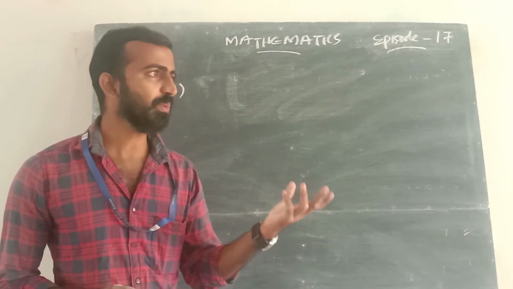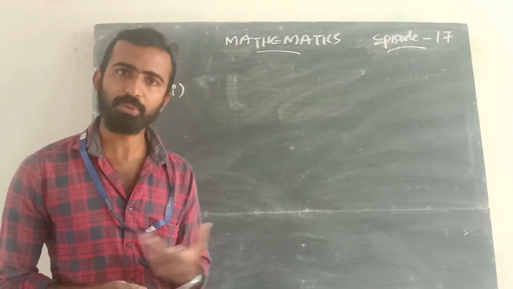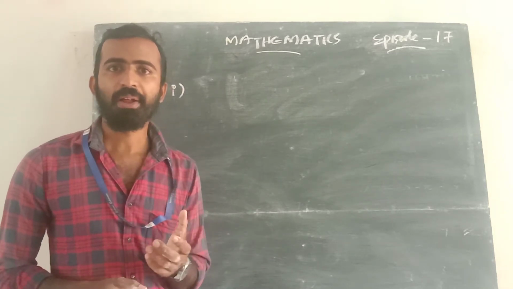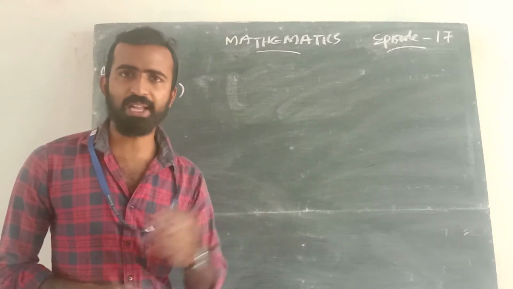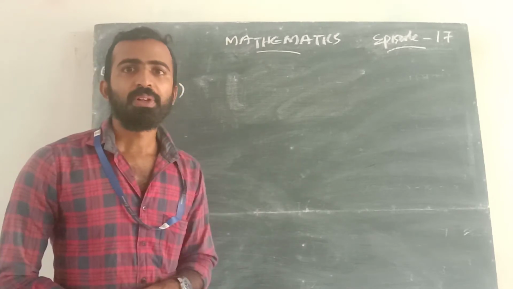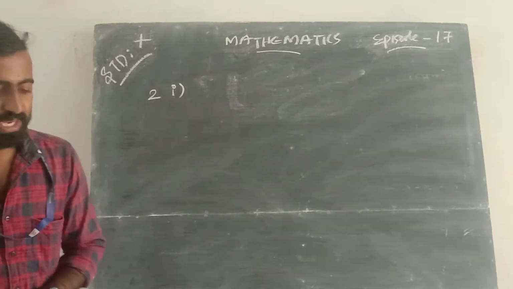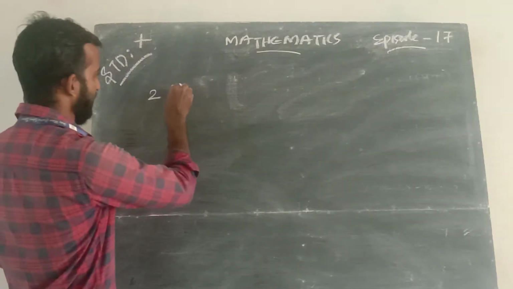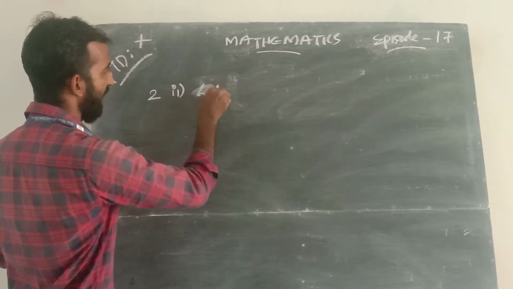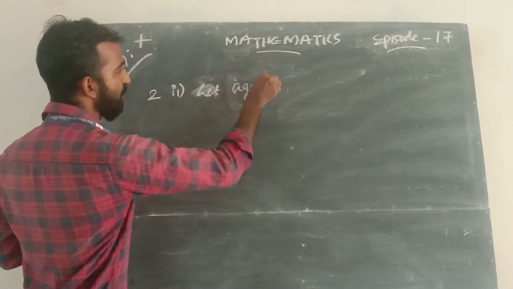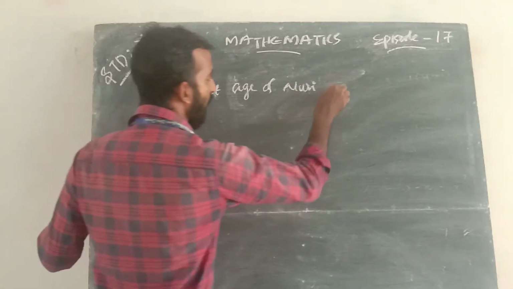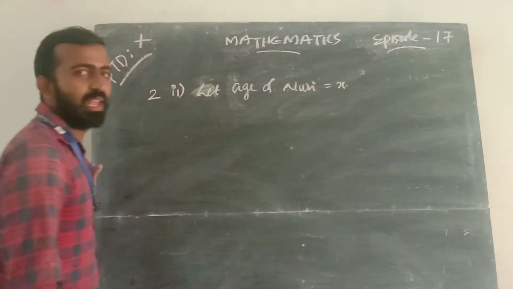In this chapter, everywhere we take x and y. So I take x and y. Let the age of Nuri be equal to x.